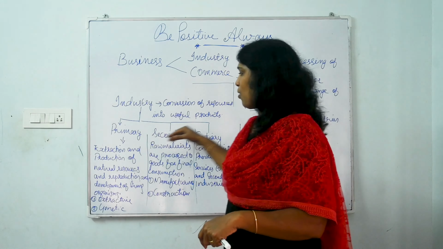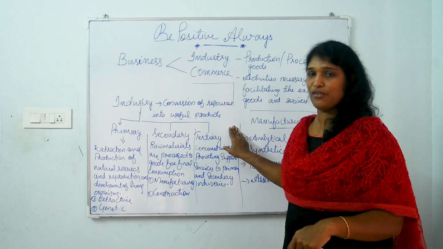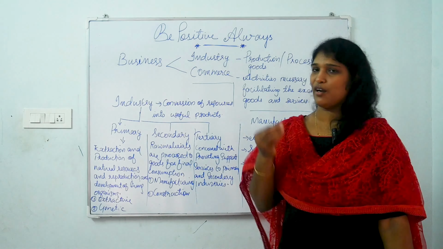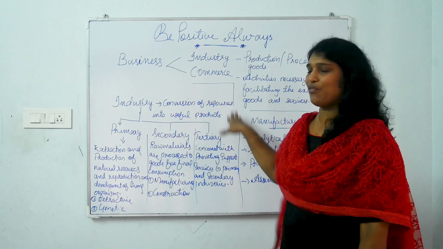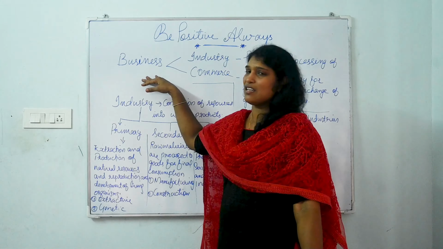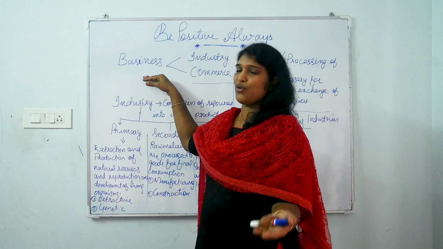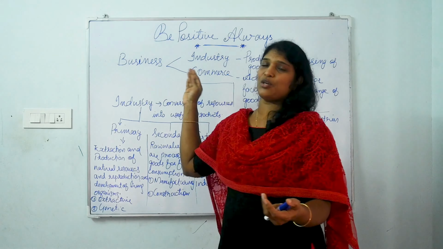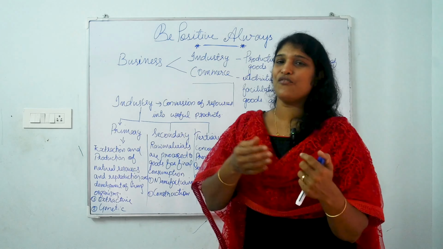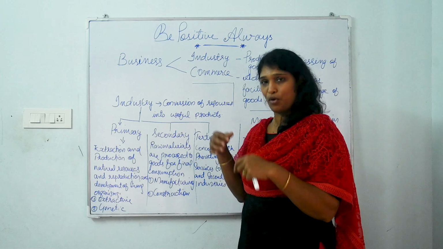So that's all about the classification of industries. I hope it is clear to you all. Let me give a recap of what we have discussed today. First is business. I've told you it's the economic activity related with the production and procurement of goods and services, with an aim of making profit.